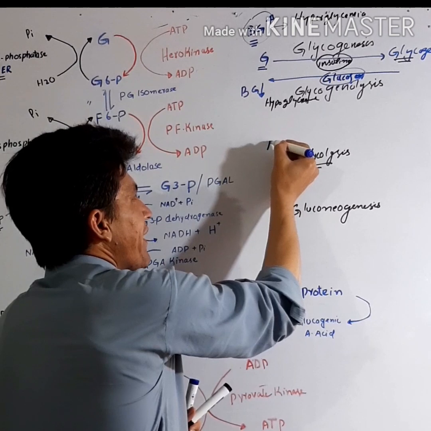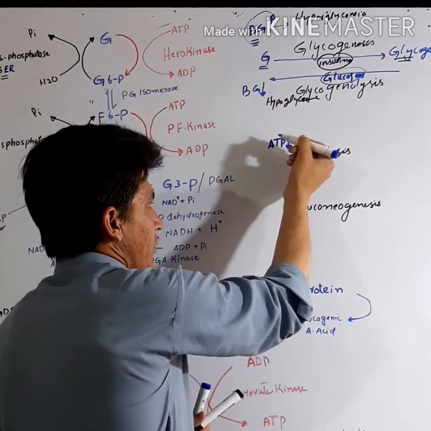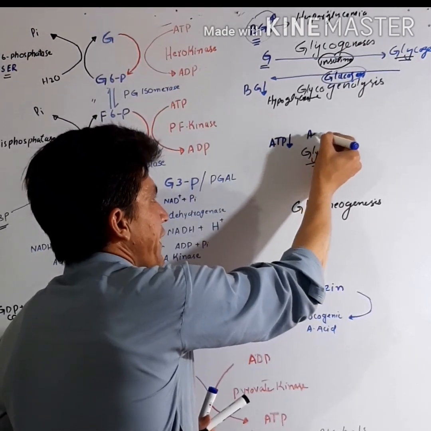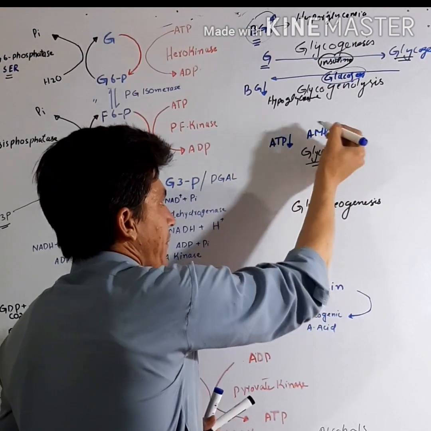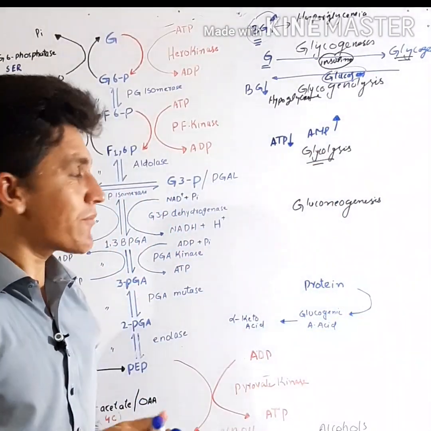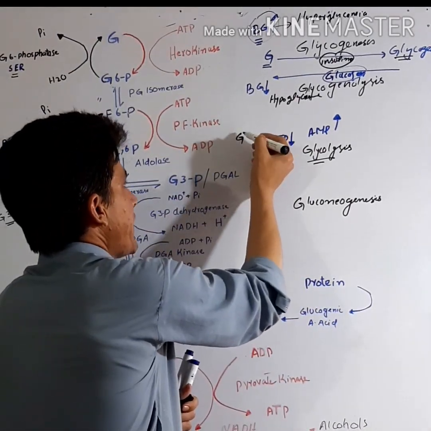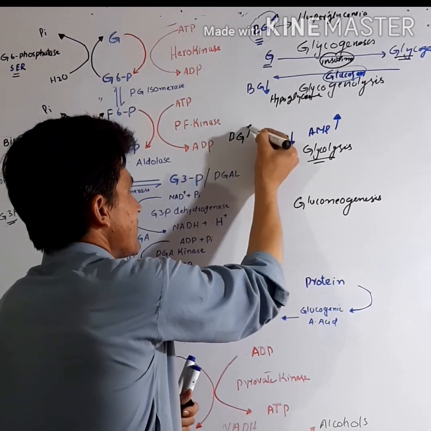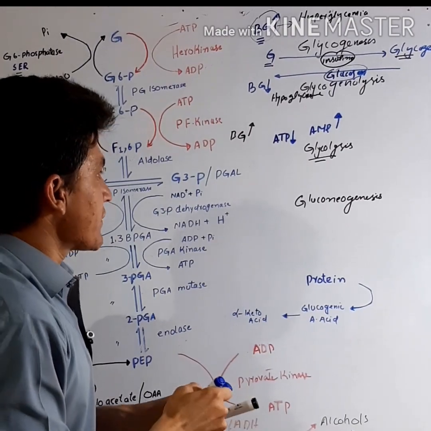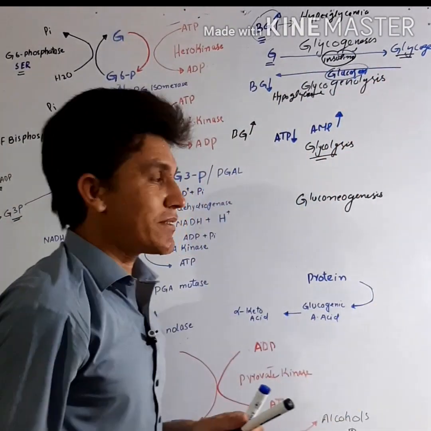When the body has less amount of ATP or energy, or when the body has a high amount of AMP, or when the body contains a high amount of glucose in blood, when blood glucose level is higher, then glycolysis occurs. So insulin promotes glycolysis.